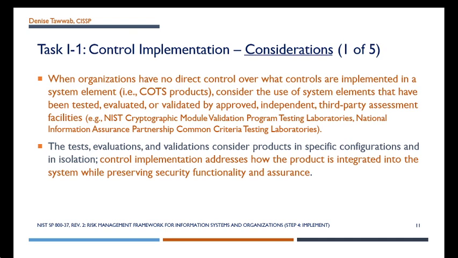For example, if you're implementing cryptography, then you want to make sure that whatever product you choose has been approved by the NIST Cryptographic Module Validation Program testing labs, or by the Common Criteria testing labs for other products. You want to make sure that somebody else has looked at that and said, okay, this product is essentially safe to use. And I hesitate to say that, but for lack of a better word, we'll just leave it there.